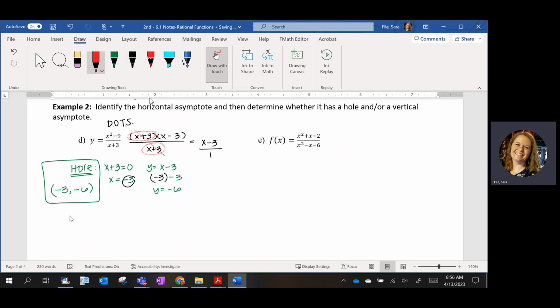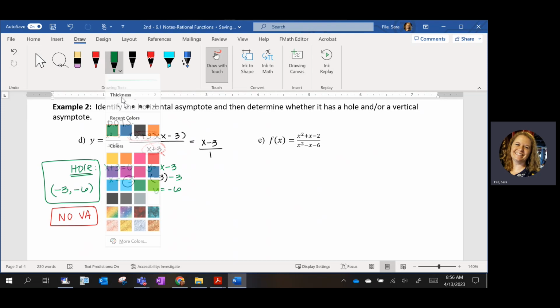So that means that there are no vertical asymptotes. There's nothing else left that could make the denominator 0 except for what would also make the numerator 0. Okay, so there is a hole, but there's not a vertical asymptote.